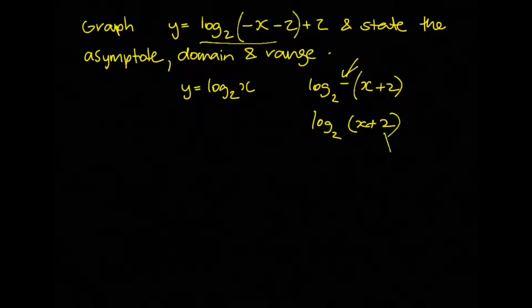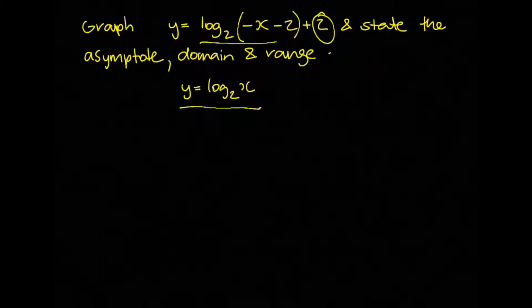Now also this plus 2, remember we're looking initially at y equals log to the base 2 of x, so the plus 2 is a horizontal translation 2 to the left. And then over here we've got a plus 2 as well. Now that's a vertical translation 2 in the y direction.